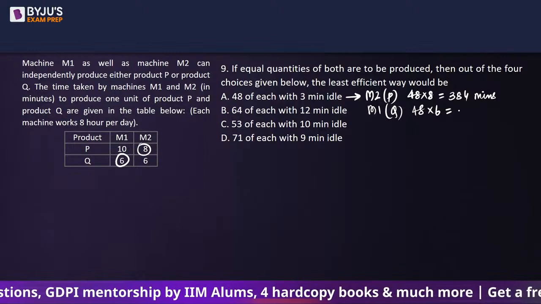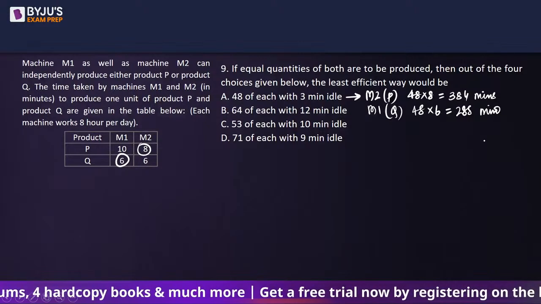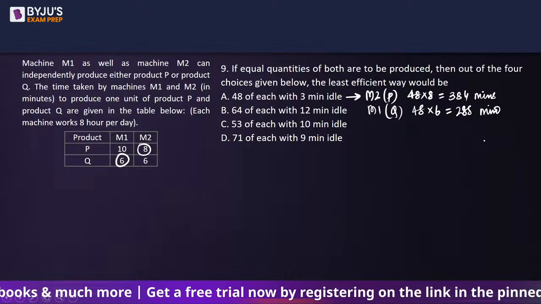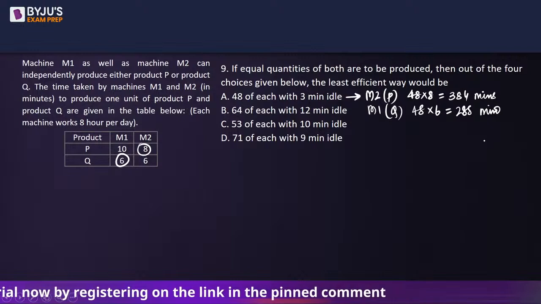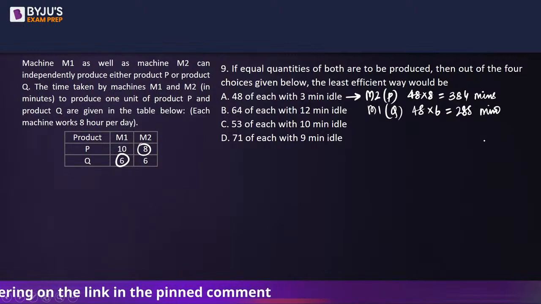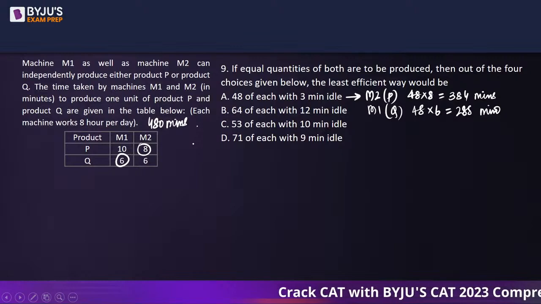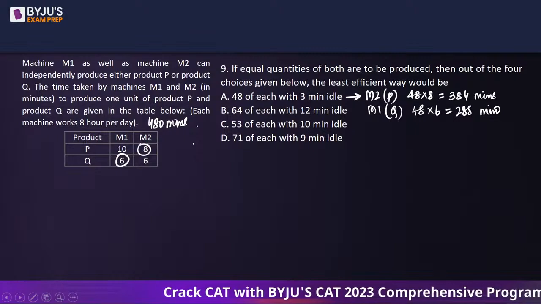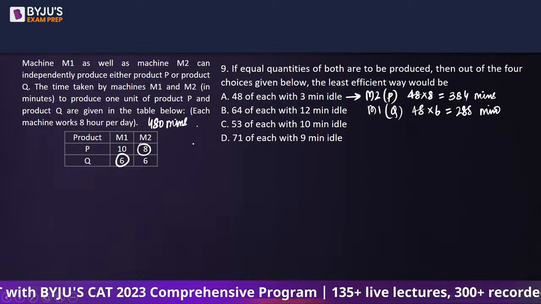So this is going to give us 288 minutes. We have got 8 hours. So 8 hours would mean 8 into 60, 480 minutes. So this is one way. So out of 480 minutes, 384 minutes is for machine 2 and 288 minutes is for machine 1. So there will be a lot of time where it's going to be idle, right?